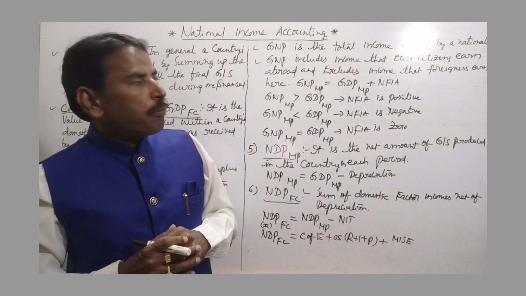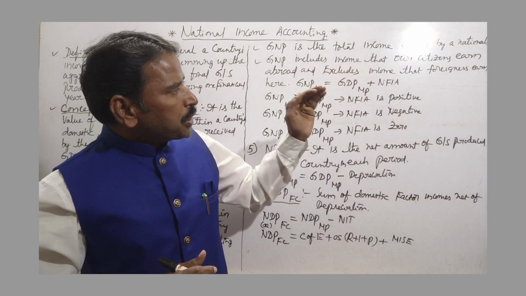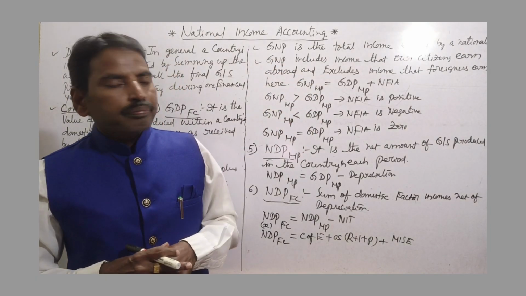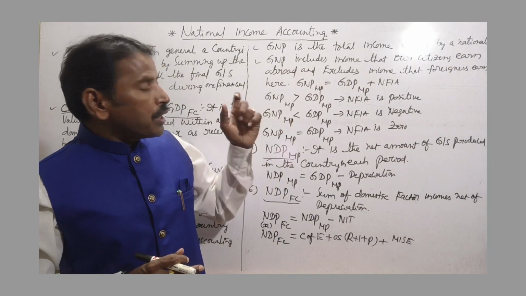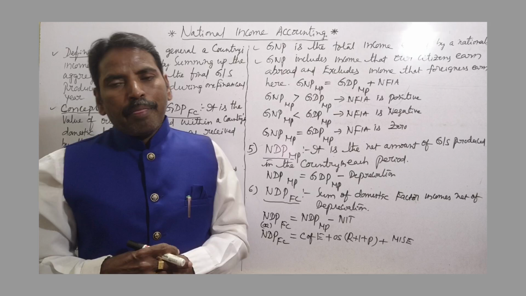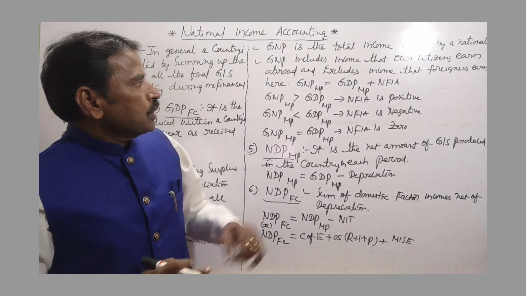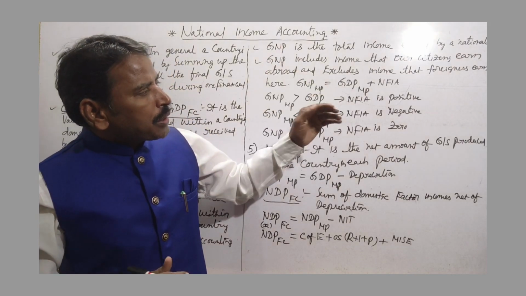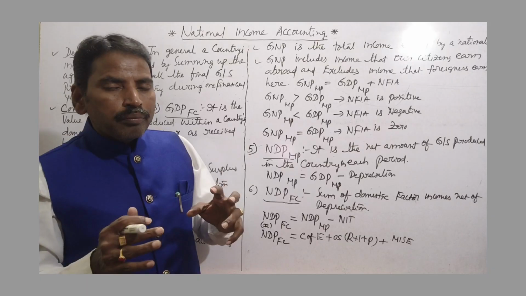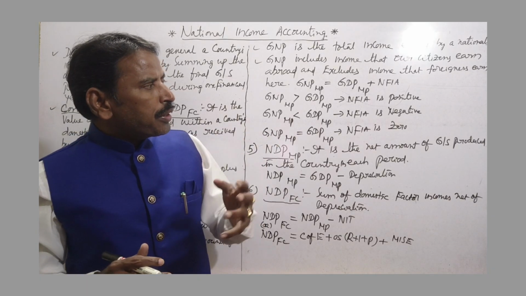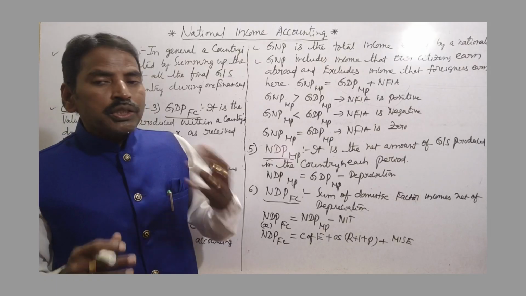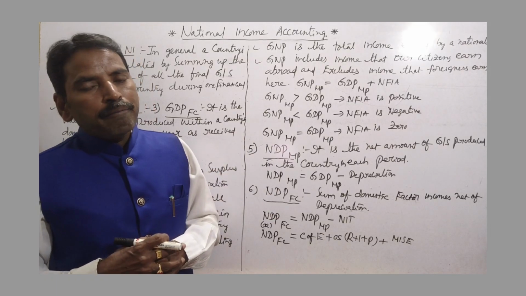GNP includes income that our citizens earn abroad and excludes income that foreigners earn here in this country. So income that our citizens earn abroad is included in GNP. Income that foreigners earn here is excluded from GNP.